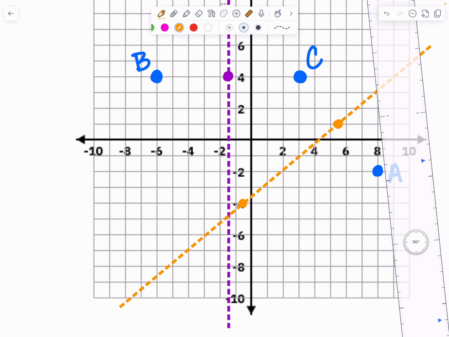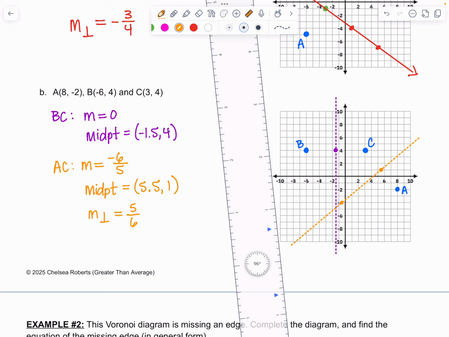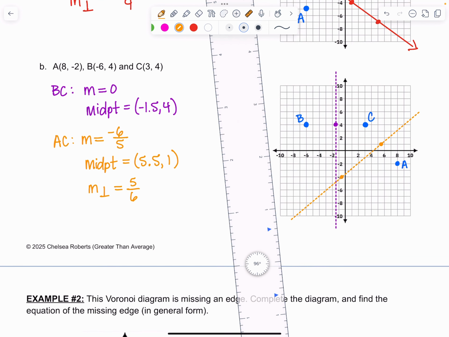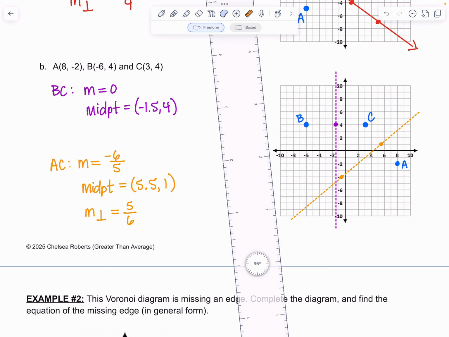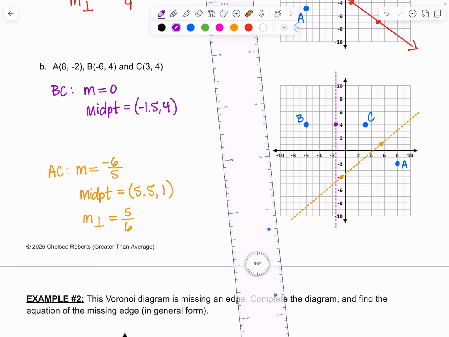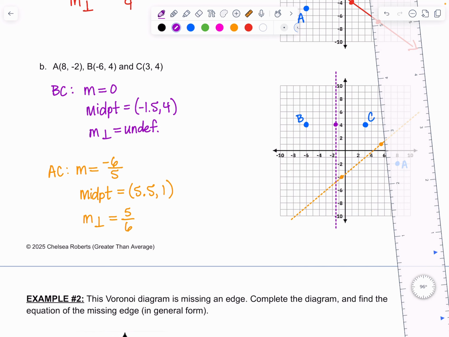My last bisector is going to be between A and B. Okay, so one thing I do want to point out is that the perpendicular, in case you're wondering where the perpendicular bisector for BC was, or the slope of the perpendicular line, remember the slope is undefined. Okay, if it's a vertical line it has an undefined slope. All right, so we need to do the perpendicular bisector for A and B.